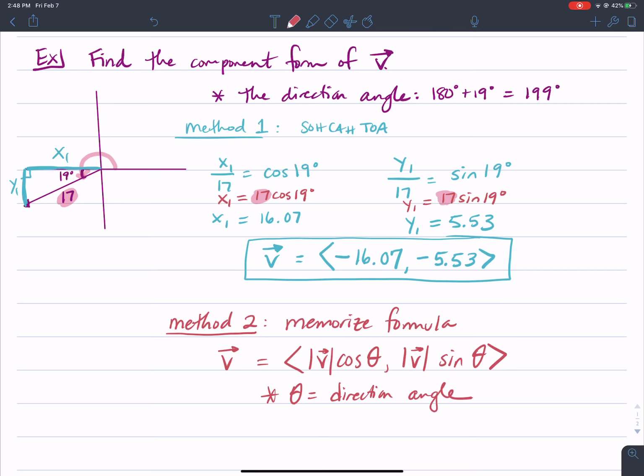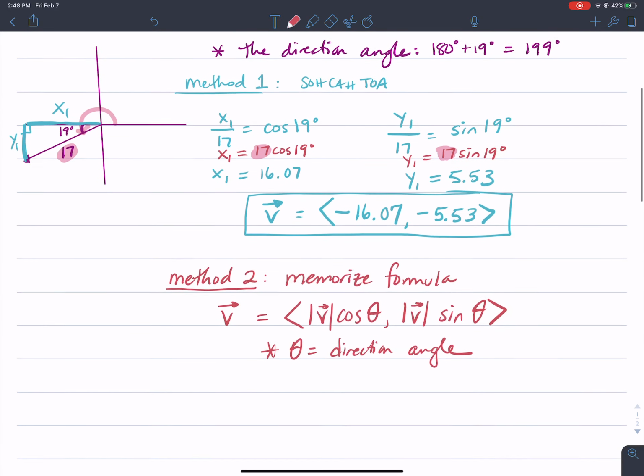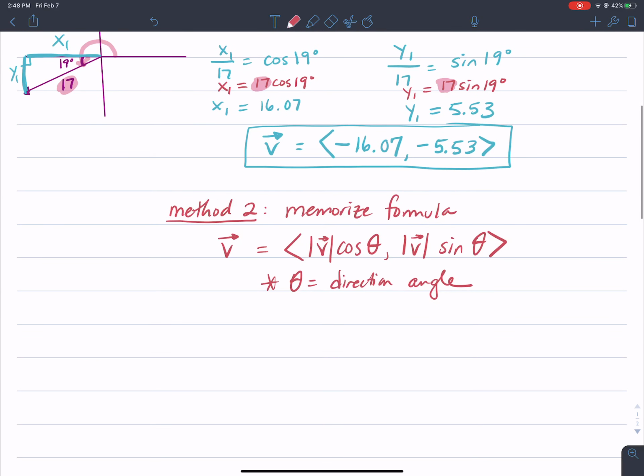So in the formula, we're not talking about 19, we're talking about 199. So to get your answer, you would do 17 cosine 199 and 17 sine 199.